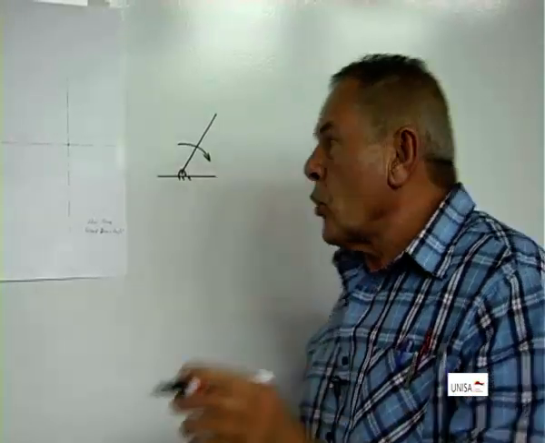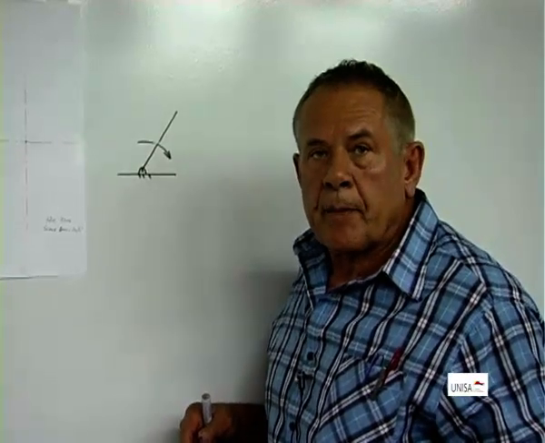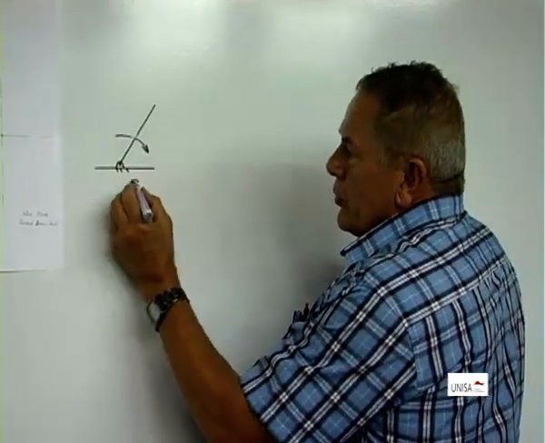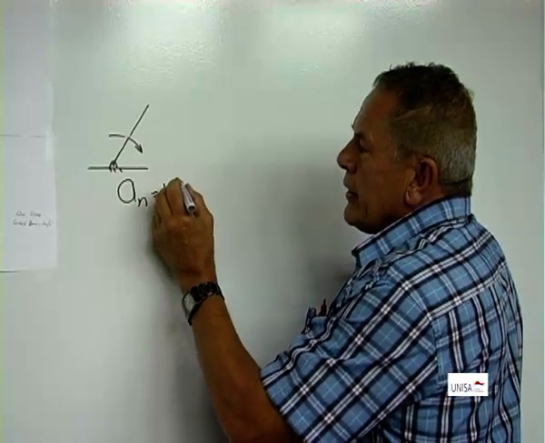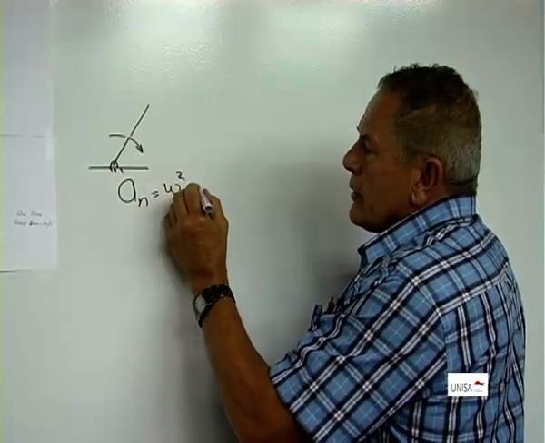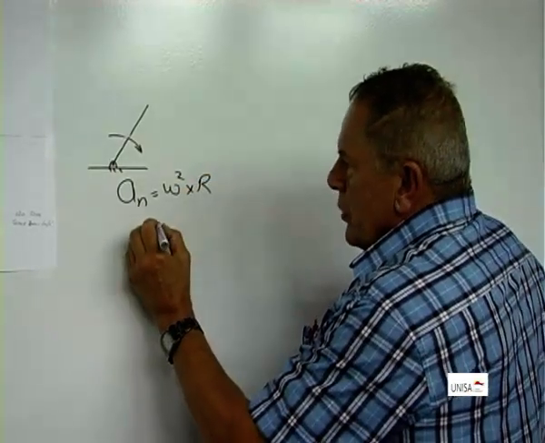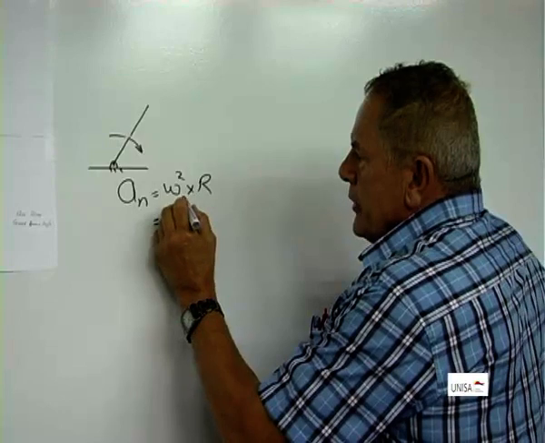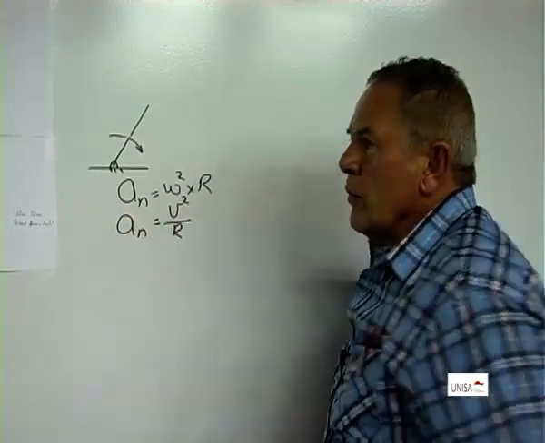The direction of the normal acceleration will always be towards the center of rotation. To calculate your normal acceleration, you need the angular velocity squared times the radius. Also, linear velocity squared divided by r gives your normal acceleration.